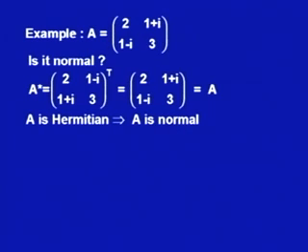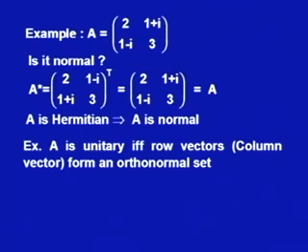Now I state some simple results and I leave them to the viewers. They can prove them. The first simple result is, if A is unitary, then the row vectors form an orthonormal set, and if the row vectors form an orthonormal set, then the matrix is unitary.